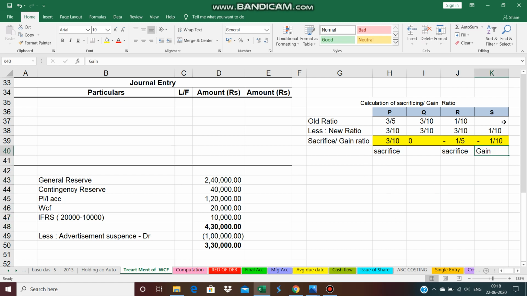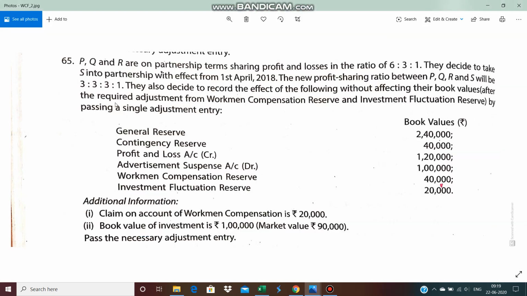So the gaining partner is 1/10, because the new ratio is 1 by 10.